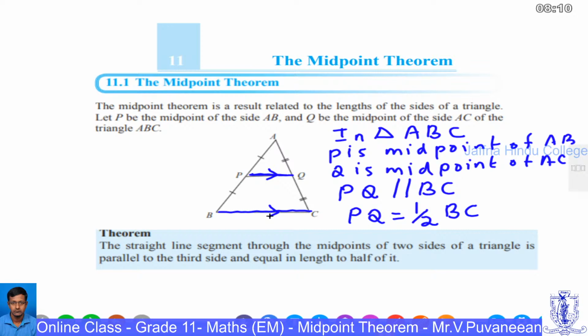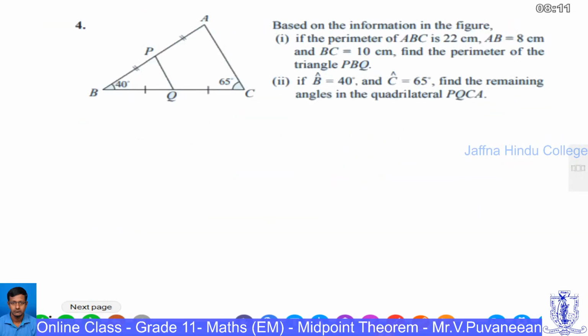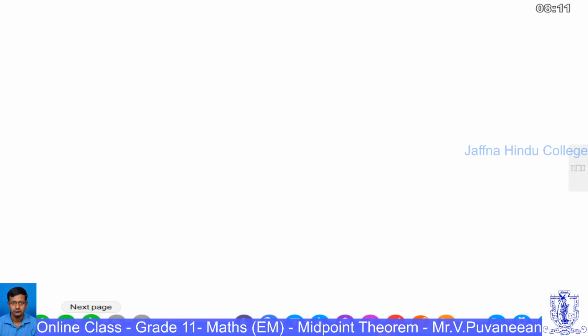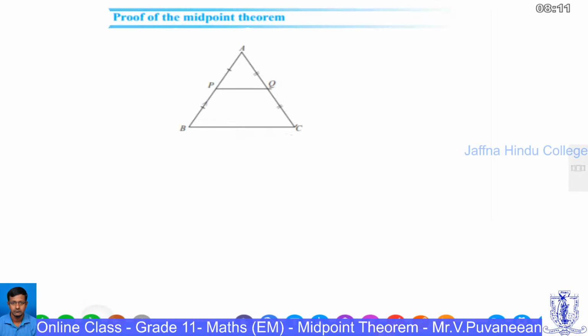Okay, now we see the proof of this theorem. I am going to do the proof, and then we do the exercise related to this. In the proof, look at the picture.